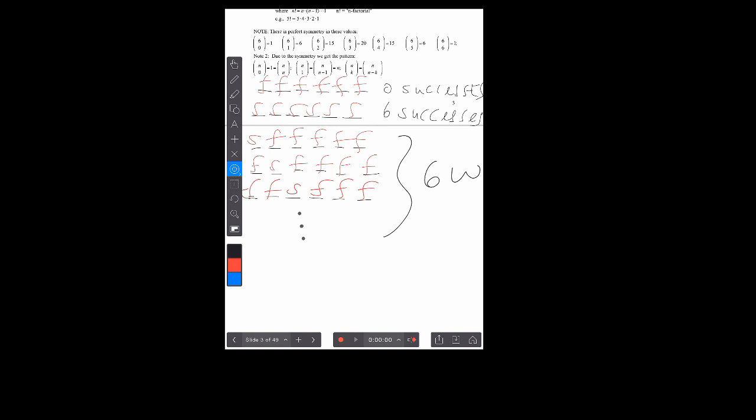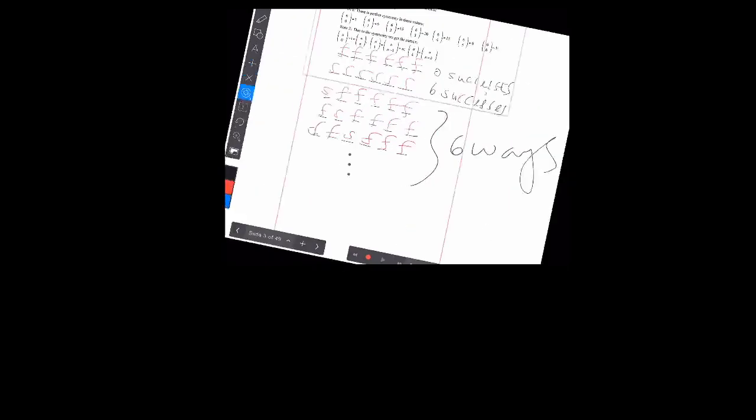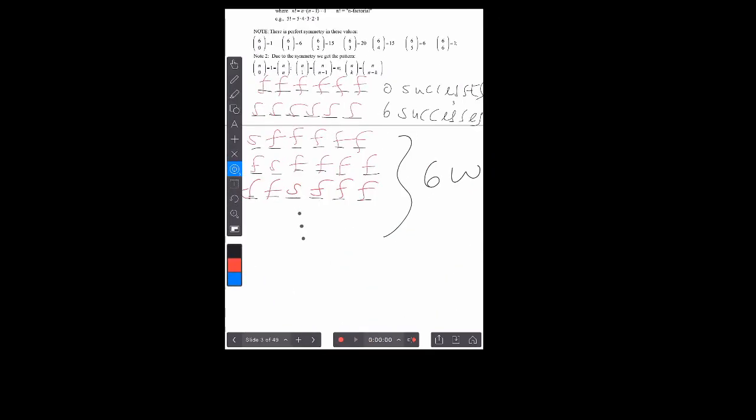Again, why? Because in that case it will be 5 successes but 1 failure, so you'd have an F being rearranged through the 6 spots. So n choose 0 and n choose n are always 1. N choose 1 and n choose n minus 1 will always be n, and the others will be symmetric.